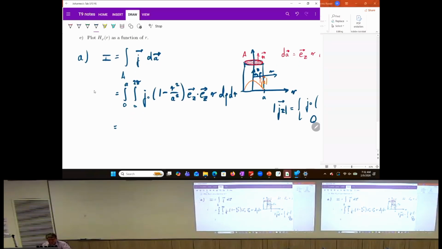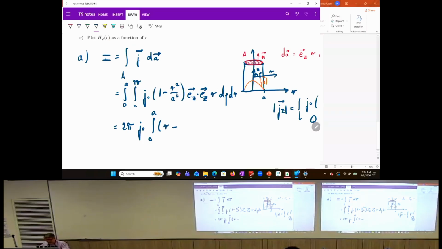And that gives us, because there's no phi dependence in the current density, the integration from 0 to 2 pi just yields 2 pi J0. And we integrate from 0 to a. And we have this r here that comes from the surface element that we have to consider.